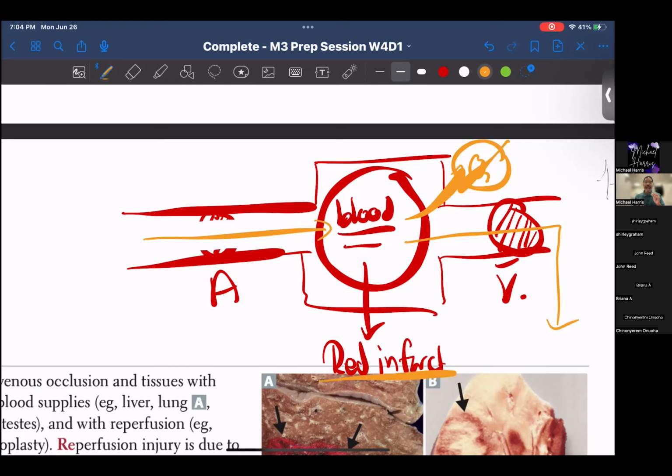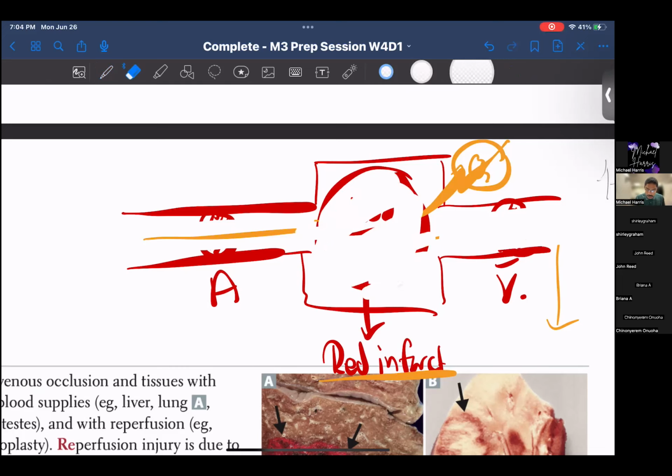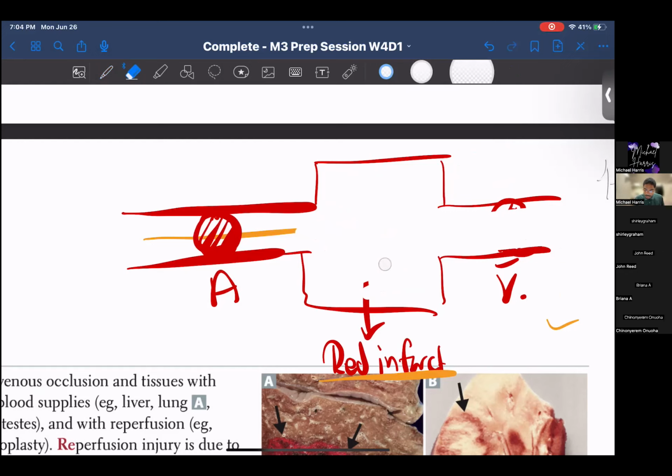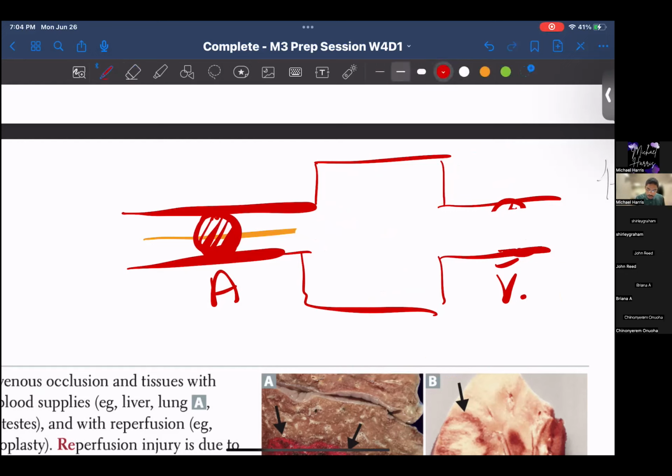Now, the other way you can get a red infarct is if you have a blockage like we just had, right? In the first case, you have a blockage due to a clot, which causes a pale infarct, right? This is what we discussed. And throughout the process of normal body physiology, we break down this clot. How?